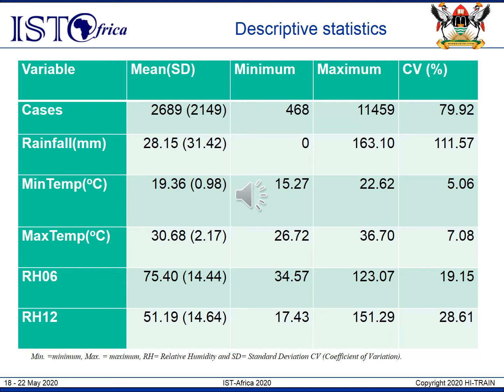Approximately 2,689 malaria cases were seen per week over our research period, and we had a rainfall of 28.15 millimeters with temperatures as high as 31 degrees per week.